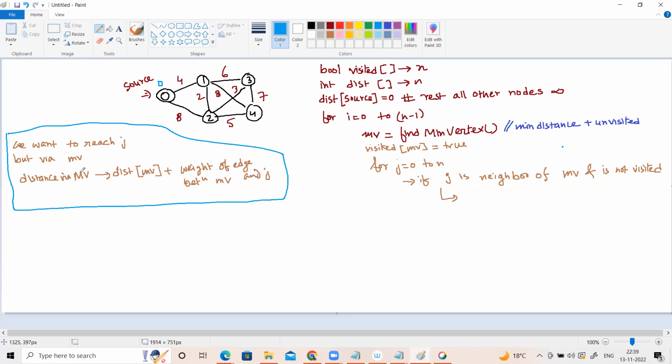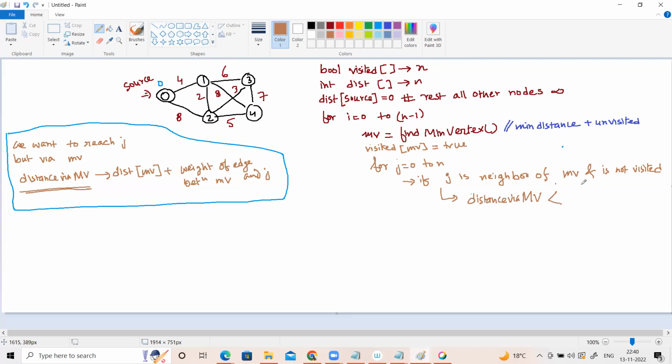So whenever we get this distance, we need to store it, right? But we cannot store blindly. We need a condition, and that condition is whether the distance we have calculated is really the minimum. We are calling this function, distance via MV, and it gives us some distance, but we need to check whether we will honor it. So how can we ensure that we are dealing with the minimum value?